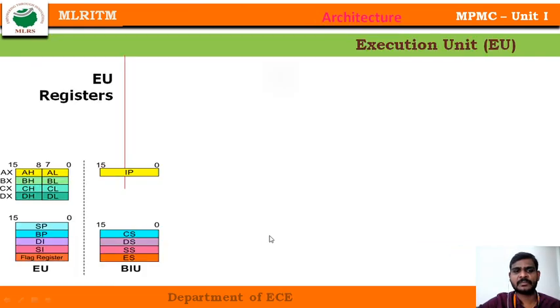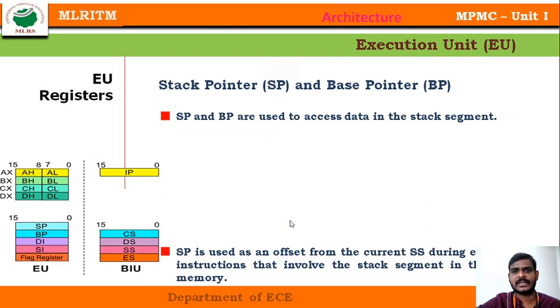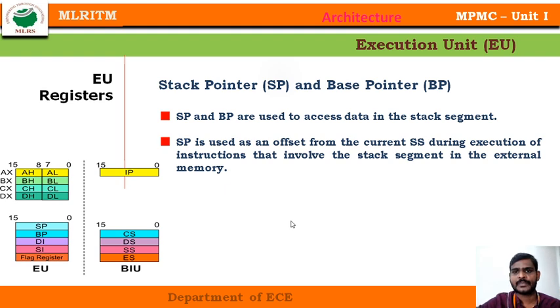So let's go in depth about the execution unit, stack pointer and base pointer. As I said, these are used to access the stack segment data. The stack pointer is used as an offset address for the current stack segment during execution of instructions involving the stack segment.